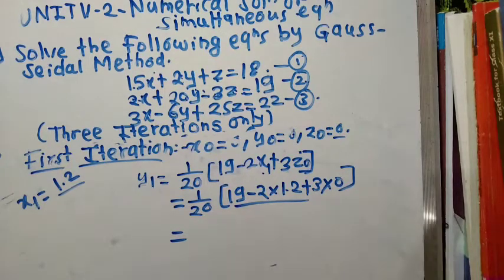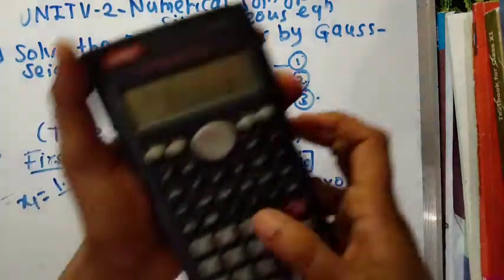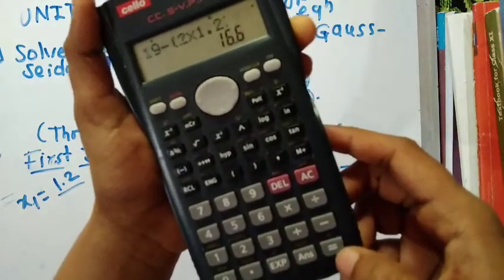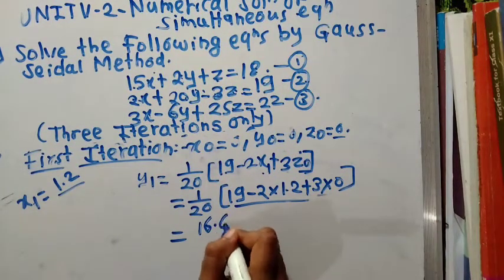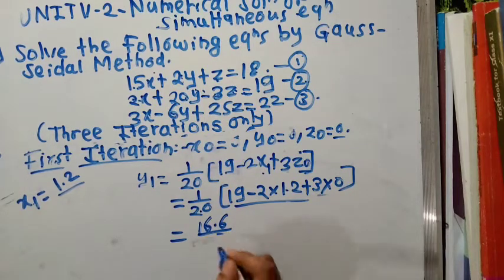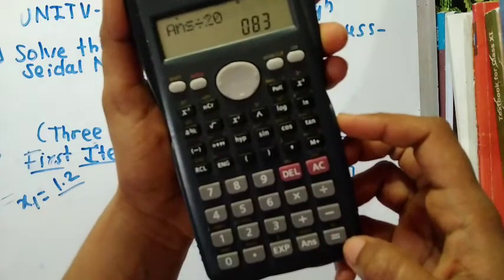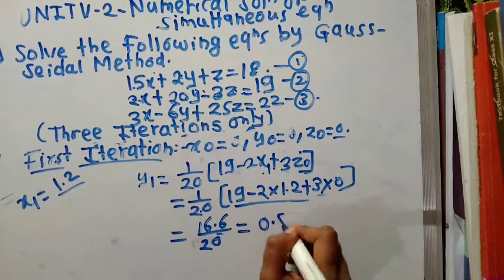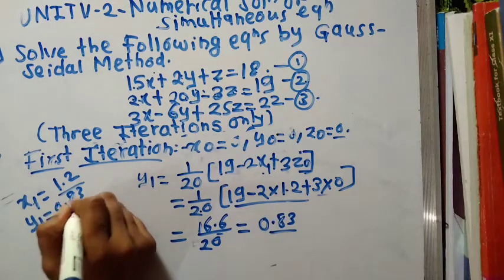First, 19 minus 2 into 1.2 is 16.6, and 3 into 0 is 0, so 16.6 divided by 20, which is equal to 0.83. So y1 is 0.83.